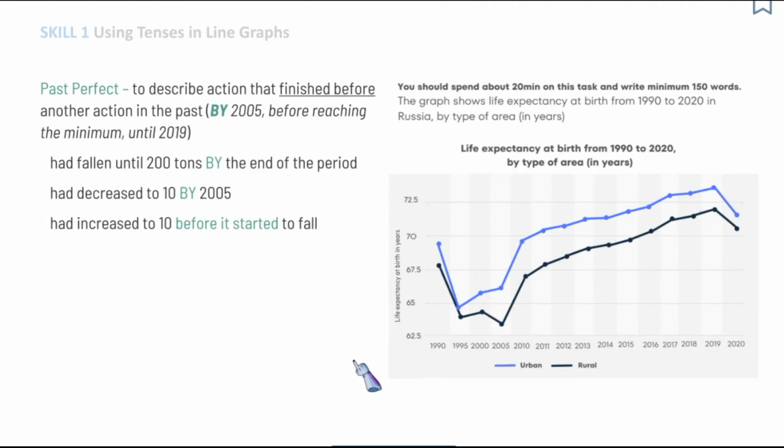Now we are continuing with more advanced tenses, and past perfect is one of them. So past perfect, for example, had fallen, or had decreased, or had increased, is used to describe actions which finished before another action in the past. For example, you can use it with by 2005, before reaching the minimum, until 2020.